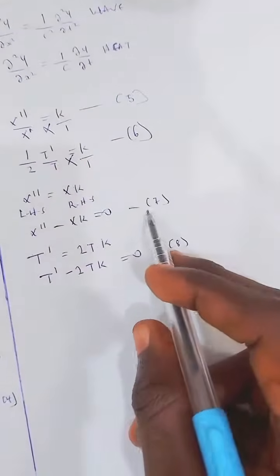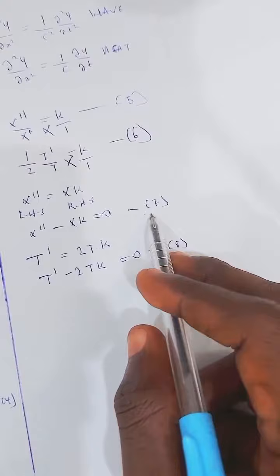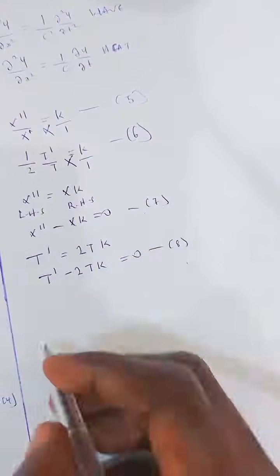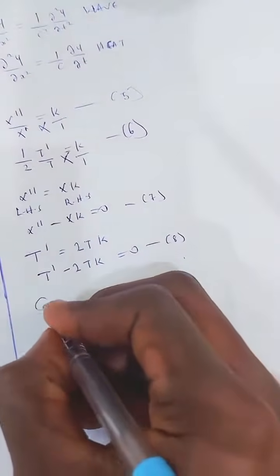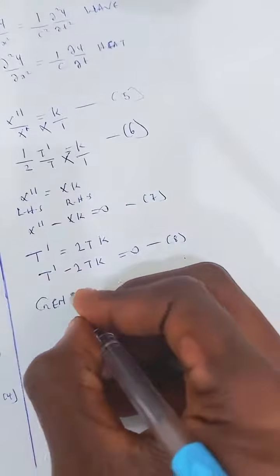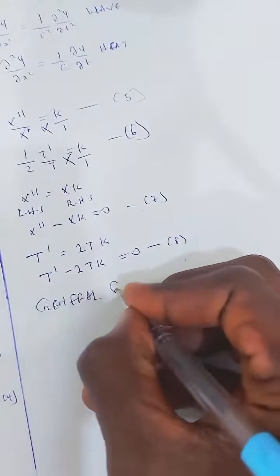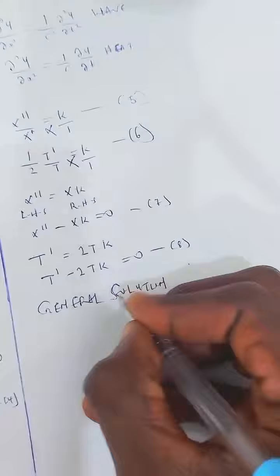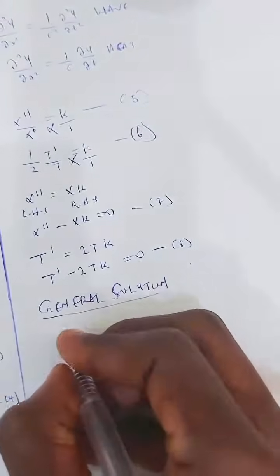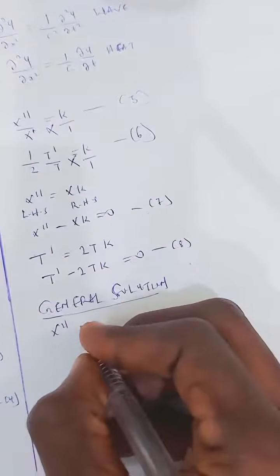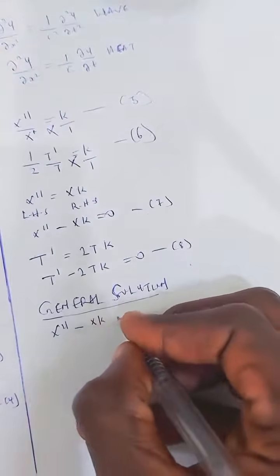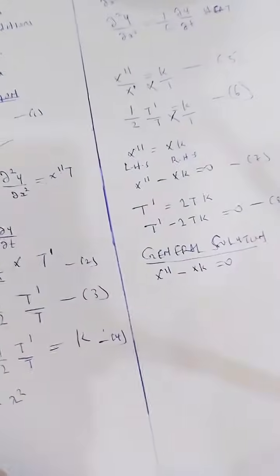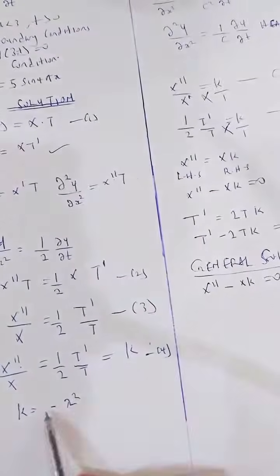Now, for this equation 7, just like the way we did in the wave equation, the first example, this is the general solution for our equation 7, meaning x double prime minus xk equals 0. You know, we said k is equal to negative lambda square.